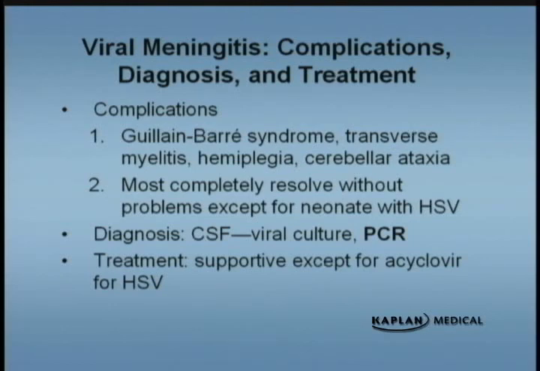They can actually have bizarre manifestations. The diagnosis is going to be made with cerebrospinal fluid. And the best test when you're thinking of a viral meningitis is polymerase chain reaction. So PCR is the best test for diagnosing viral meningitis. And the treatment is basically supportive unless they have HSV, in which case you can give them acyclovir.